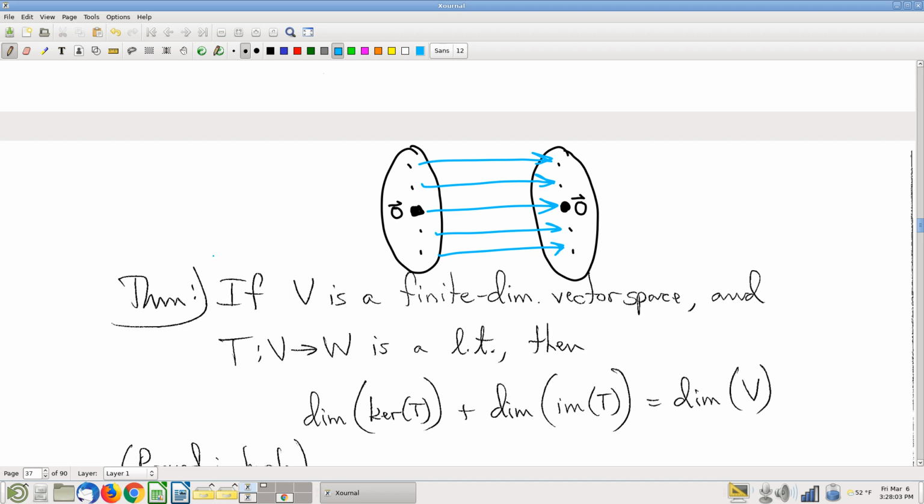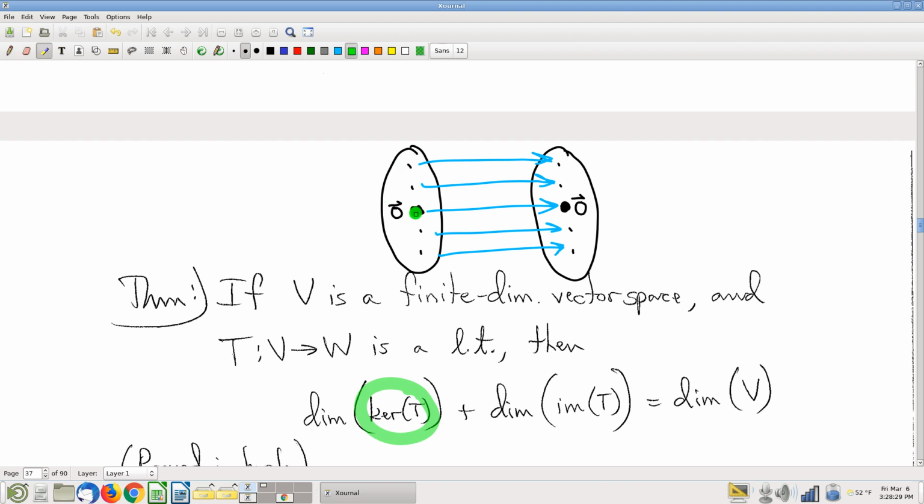So we already know that this theorem is true. Dimension of the kernel plus the dimension of the image is the dimension of the domain. Let's see how that applies in this scenario. What is the kernel? Well, the kernel is the collection of vectors over here that land on the 0 vector. Well, this is a bijection, right? This is a perfect pairing.